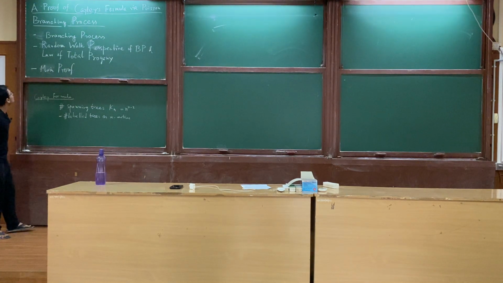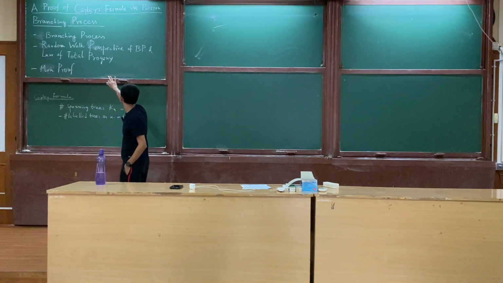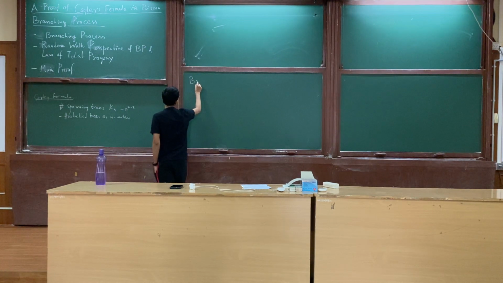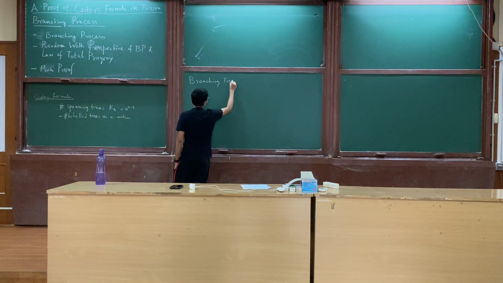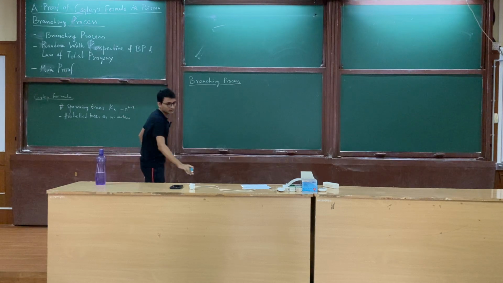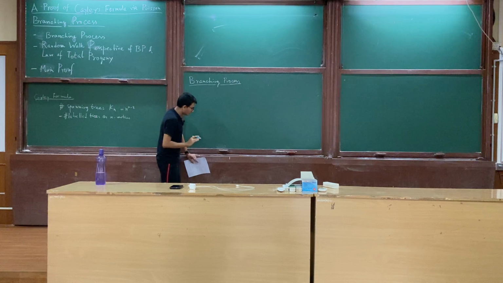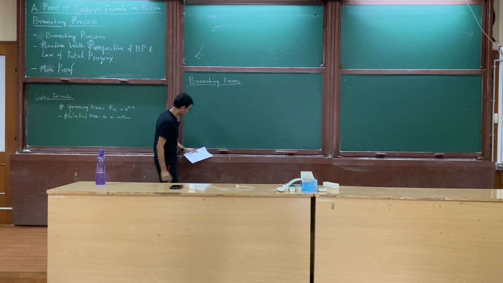Before going into this, I would first introduce what a branching process is and its probabilistic perspective, which is needed for the proof. So let's go. Okay, what is a branching process? It is the simplest possible model to model a population of maybe bacteria, particles, or whatever.